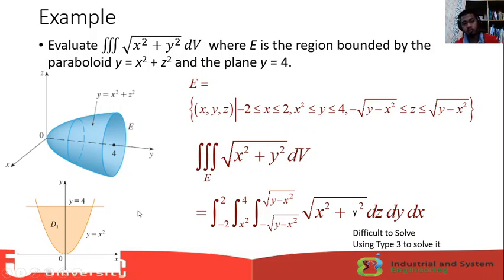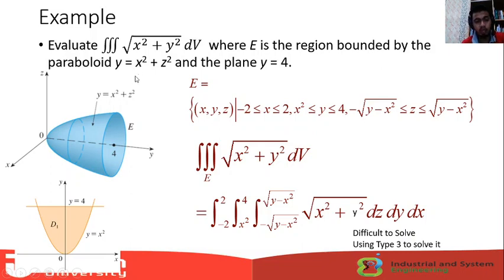type 1 means z should be a function of x and y, so we can change this: z square is equal to y minus x square.